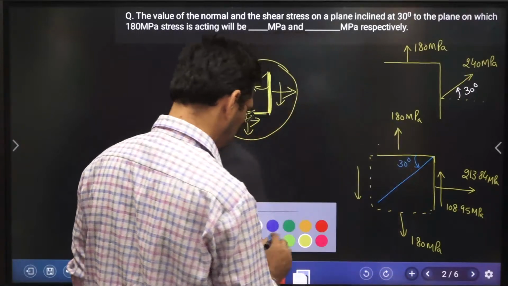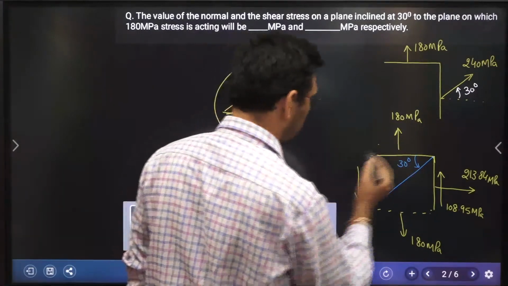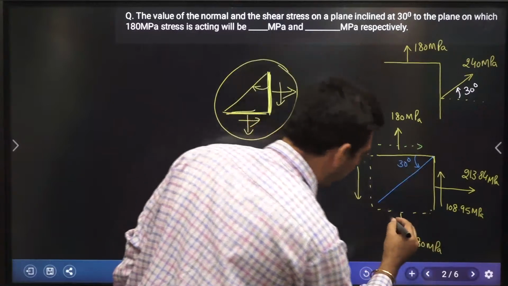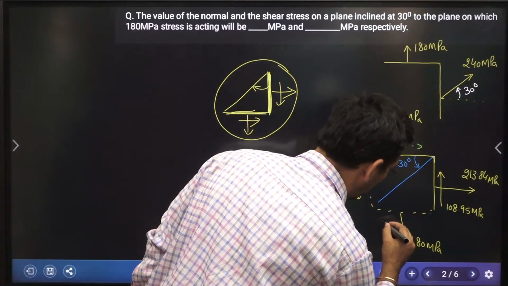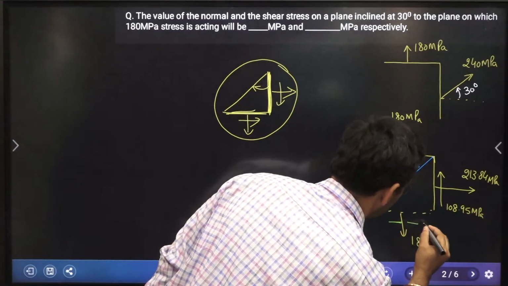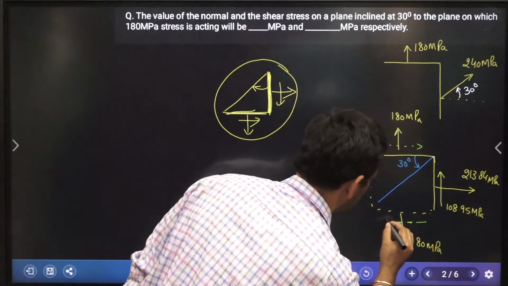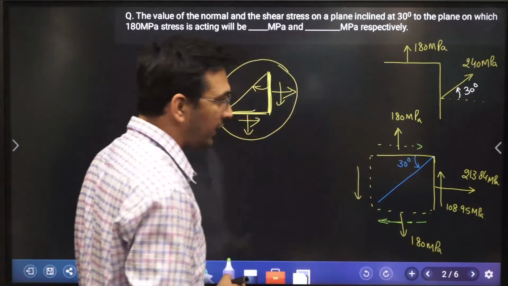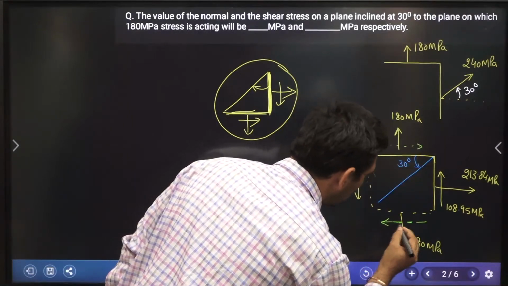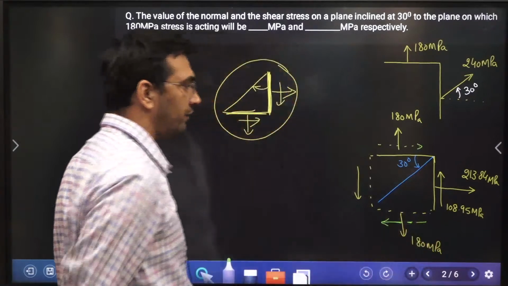That is complementary, and definitely it is going to be this way over here. And what will be the magnitude? The magnitude will be the same, whatever magnitude you are having.